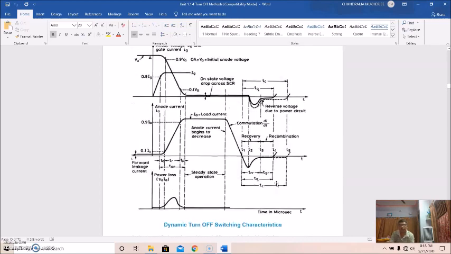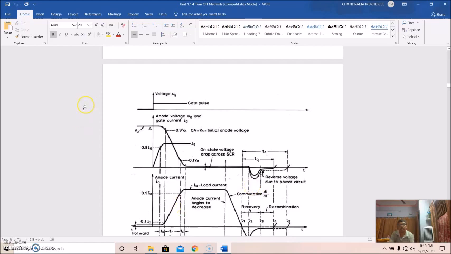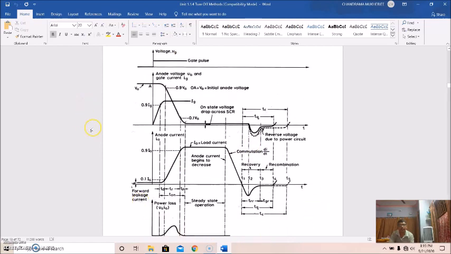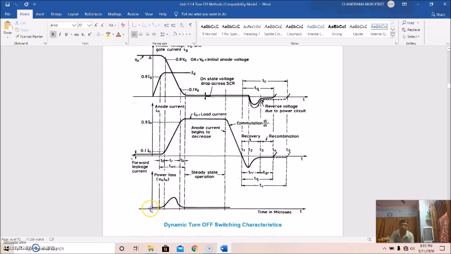So that's all about switching characteristics during turn-off, and all of this is depicted in this figure. That is gate voltage, anode voltage, gate current, and this is anode current, and this is power loss.